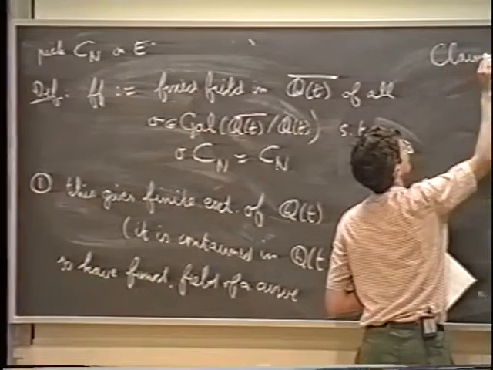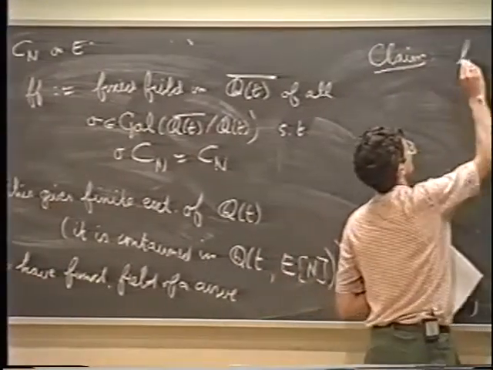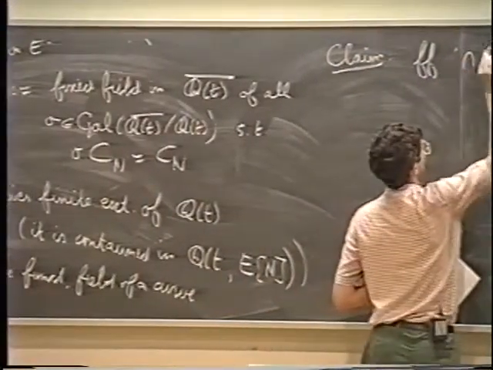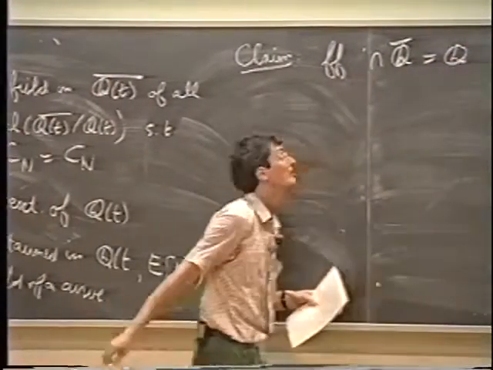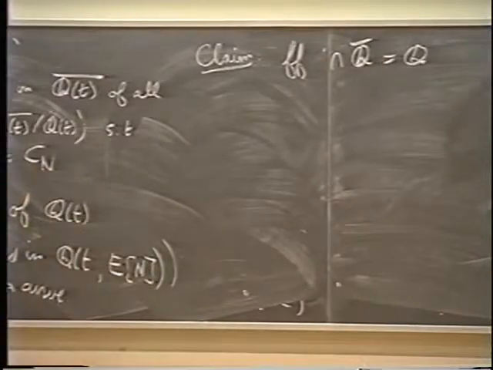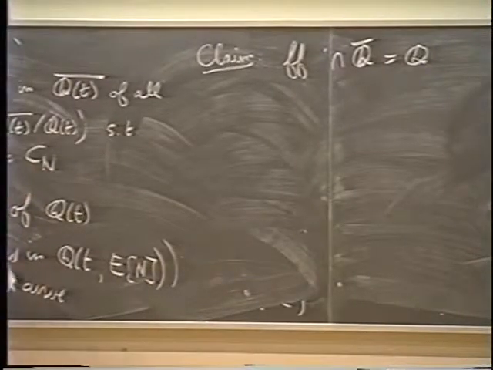Claim: my function field here, if I intersect it with an algebraic closure of Q, then all I get is Q itself. And to prove this, we will need a lemma.